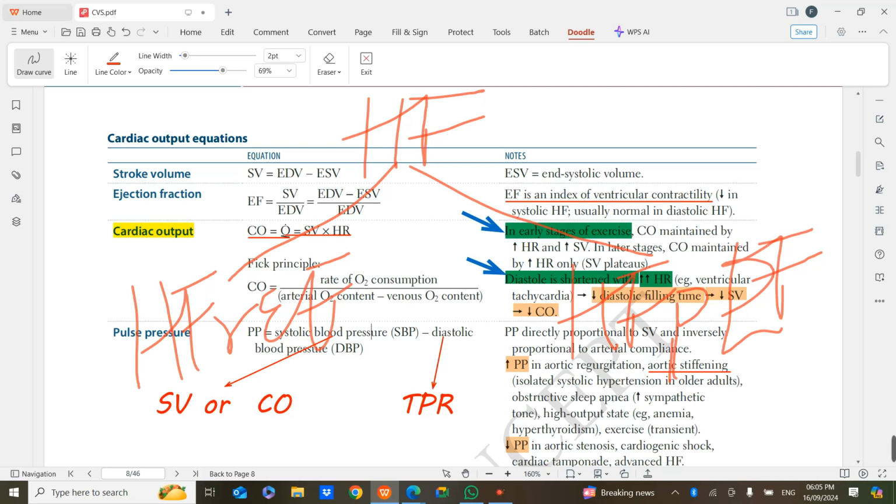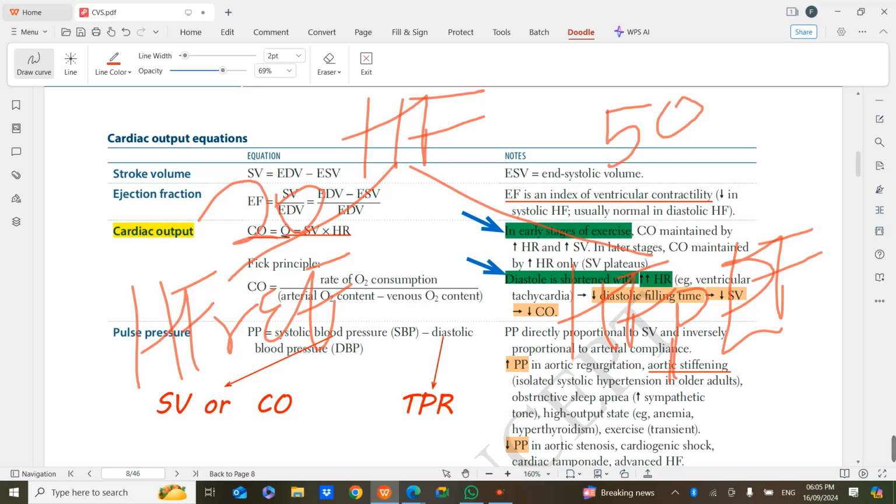So if you look at a patient who has symptoms and signs of heart failure, you now check the ejection fraction. Let me assume that the normal one should be 50. And you now check the ejection fraction is like 20%. So you will call that heart failure with reduced ejection fraction.